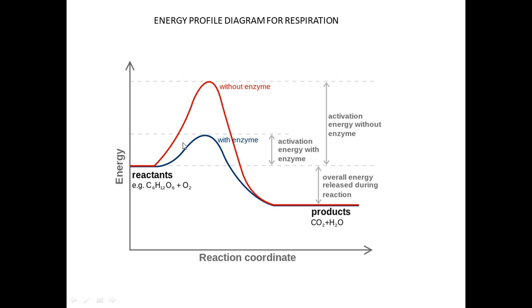Nevertheless, if it occurs in the presence of a catalyst, an enzyme, it will have a much lower activation energy, as shown here. So for respiration to occur, the activation energy is very large without an enzyme, but it is very small with an enzyme.